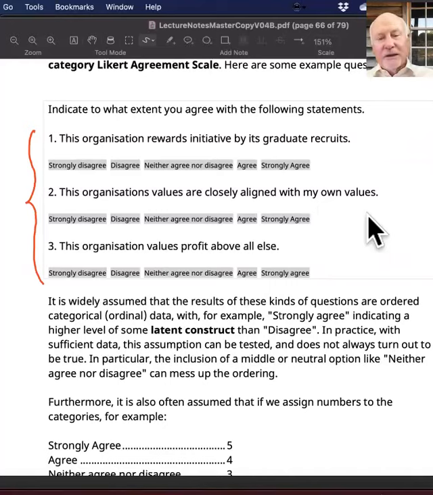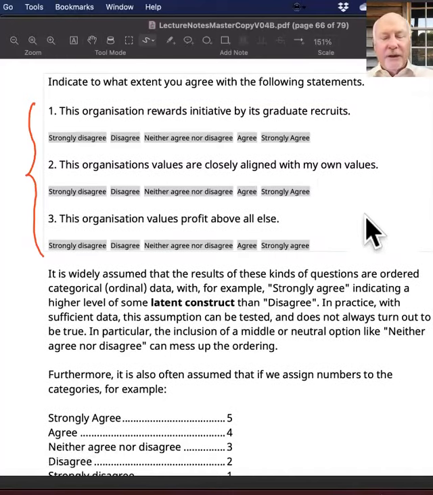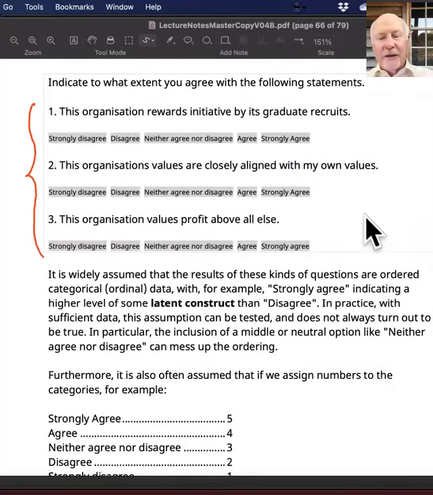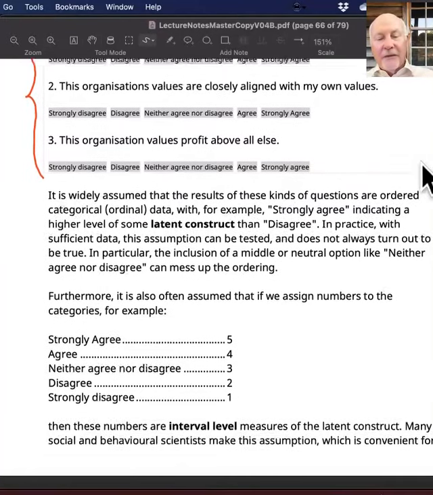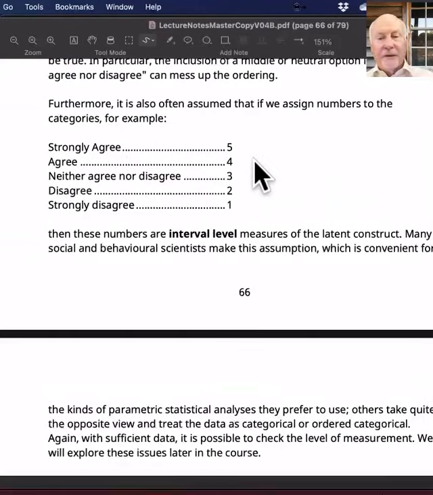What you actually get, in the end, is data that will typically come out as numbers something like this. You'll probably get a spreadsheet out of the survey software, and it will either have these names, or maybe a set of numbers. Some people assume that these numbers are ranked, that they're ordinal, that they're ordered categorical data.